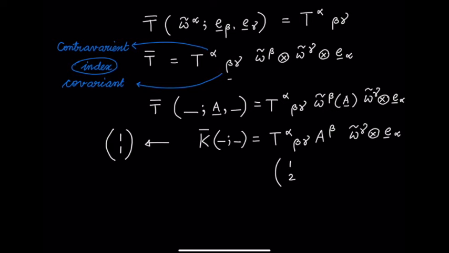I had this 1, 2 tensor, which I have made a product with a 1, 0 tensor, and this has reduced 1 from the 2, and that has given me a 1, 1 tensor. This method, this phenomenon, is also called contraction. I've contracted the index beta, if you wish.